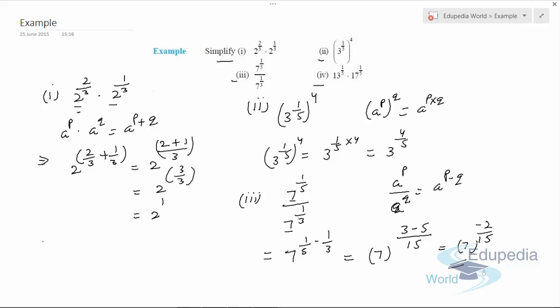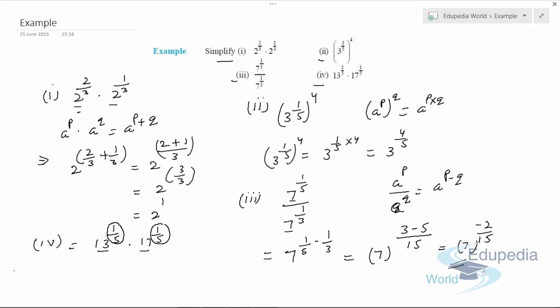Now the last question is 13 raised to power 1 by 5 into 17 raised to power 1 by 5. Now clearly in this question we have different bases and they are getting multiplied, but we have the same power, 1 by 5.